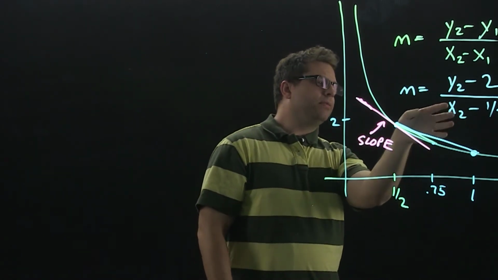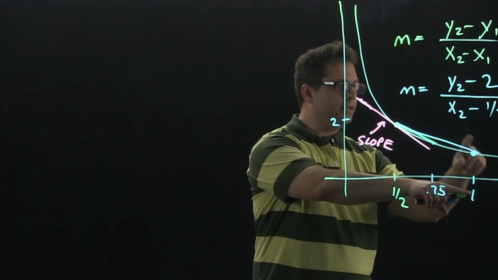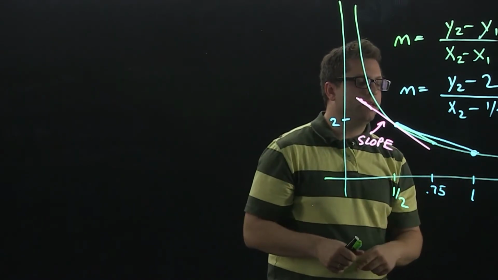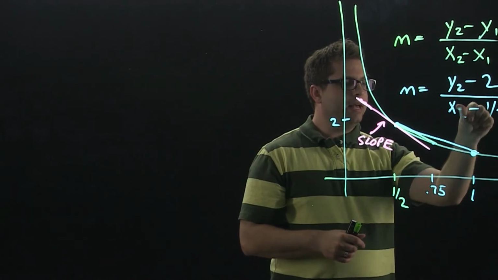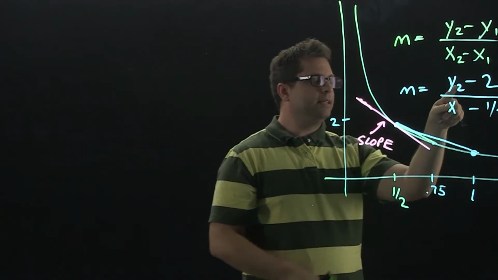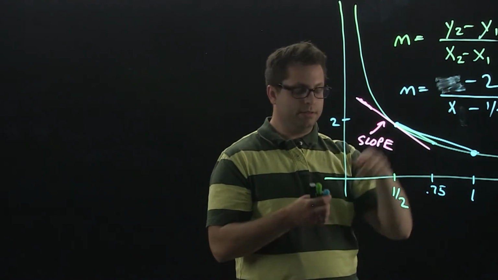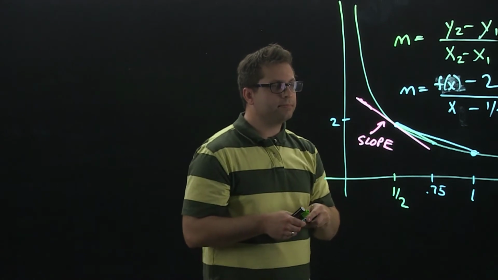I don't really like the x2, y2, because the x2, y2 is always going to be the point moving on this line here. Since that's going to change, I'm actually just going to call that x, and instead of y2, we can call that f of x.